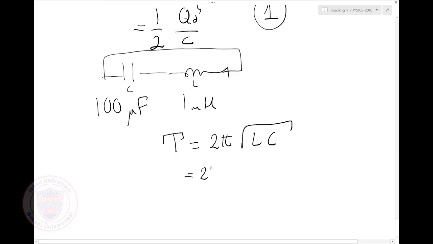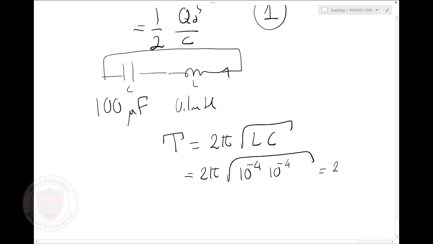So the period will be 2 pi times 100 microfarads, which is 10 to the minus 4, and 1 millihenry is 10 to the minus 3. So let me make it 0.1 millihenry. I like this better. So it's going to be 10 to the minus 4 again, right?